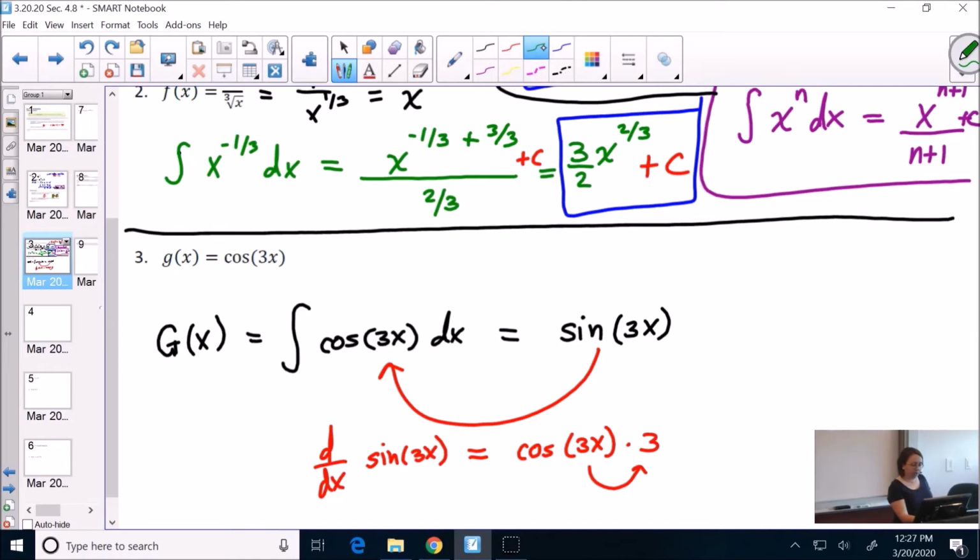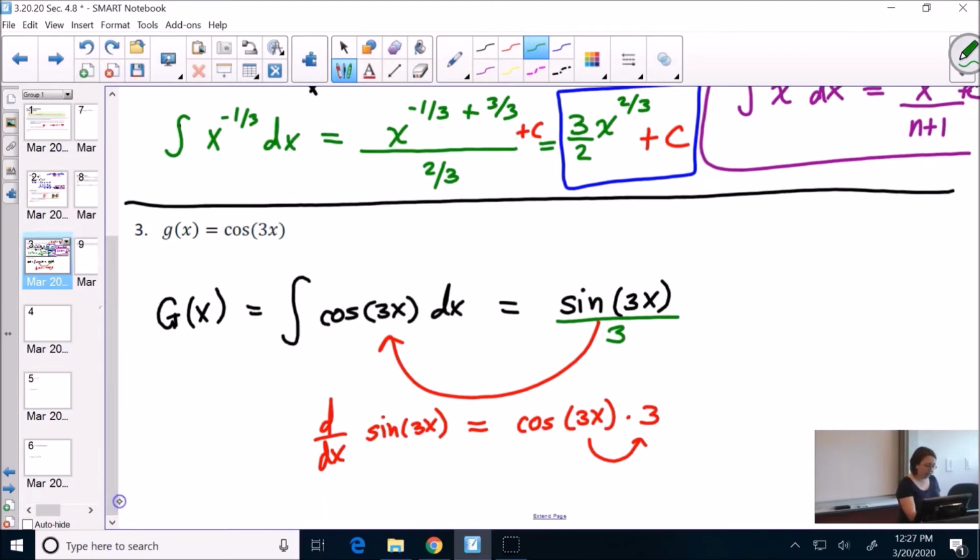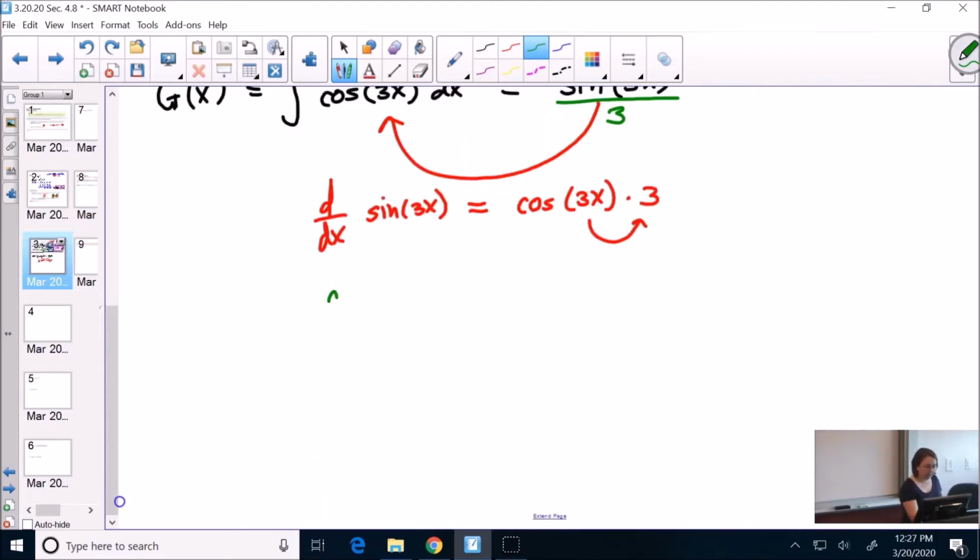So what I'm going to do is divide my antiderivative by 3. If we divide our antiderivative by 3, watch what happens. So d dx of our antiderivative, which we're saying is sine of 3x over 3. Well, look at the 3 out front there, over 3. The derivative of this, the 1/3 chills out. We multiply by the derivative of the rest of it.